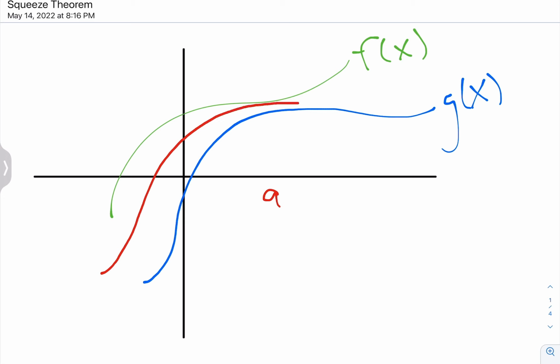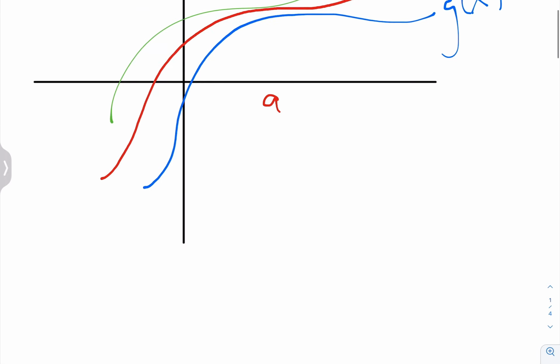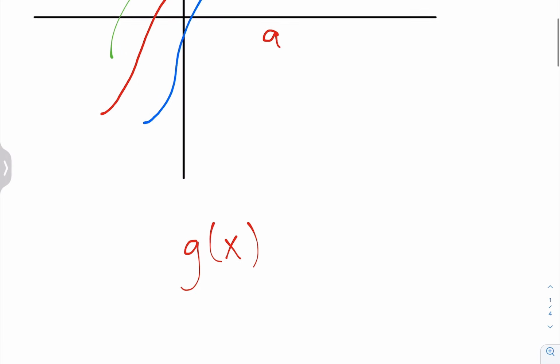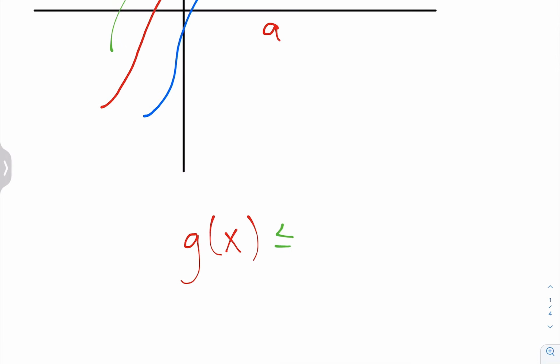if we know it's between f of x and g of x, so if we know at some point near a, the function's between f of x and g of x, we can write this here. The limit of f of x is going to be higher because it has a greater y value.